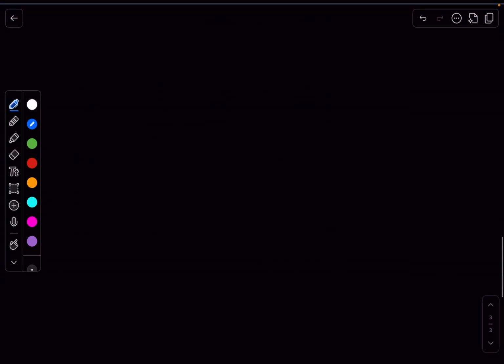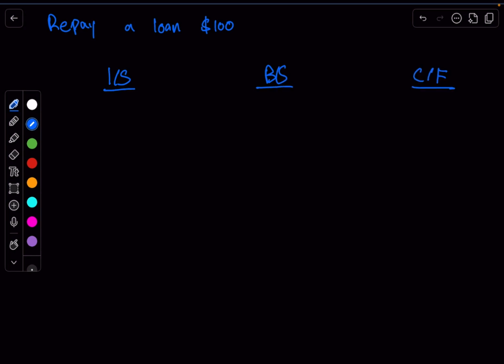Now let's look at if we repay a loan worth $100. So we have our income statement, our balance sheet, and our cash flow statement, right?